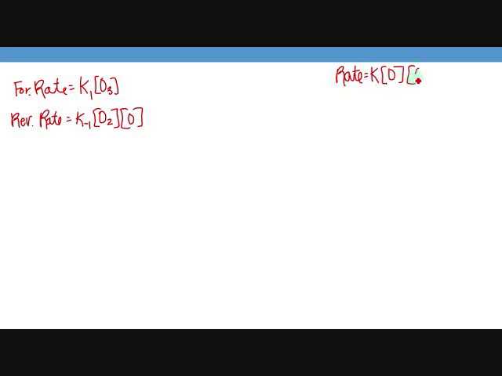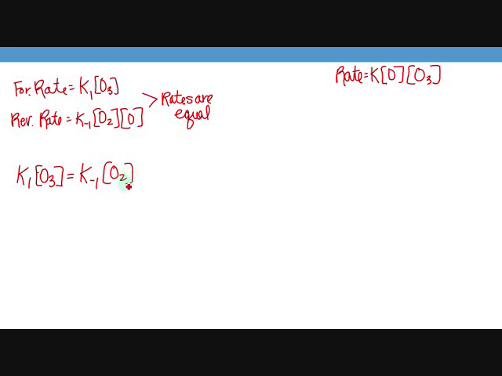When they're at equilibrium, the rates are equal to each other. So if we set these two parts equal to each other, we have K1 times the O3 concentration equal to K negative 1 times O2 times O. Since the rates are equal, we can set those two parts of the rate law together.